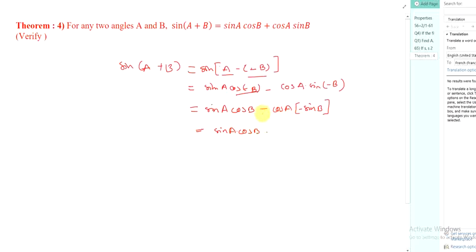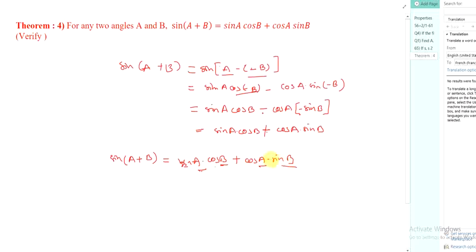Therefore we can write sin A into cos B, and this negative sign and this negative sign, there is a product, therefore minus becomes plus, and we can write cos A into sin B. Here we can conclude that sin(A+B) is equal to sin A cos B plus cos A sin B. That is, the order of the angles remains the same, but we have the combination sin cos and cos sin.